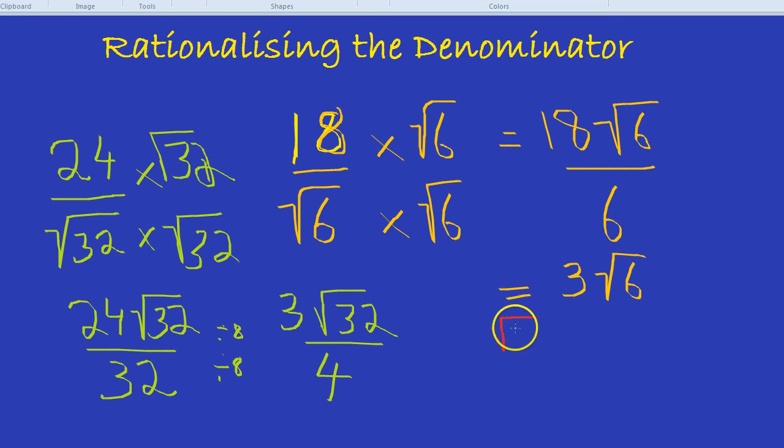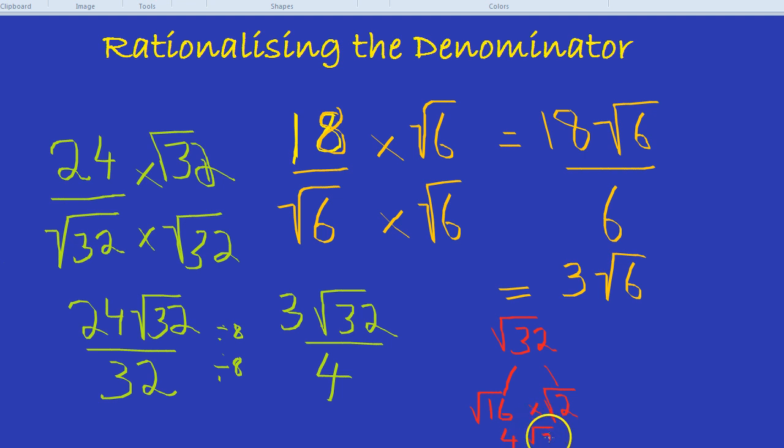Root 32 can be simplified by finding a square number, the biggest square number, which goes into it. I can see 16. 32 is 16 times 2. So root 32 is root 16 times root 2, and root 16 is 4.